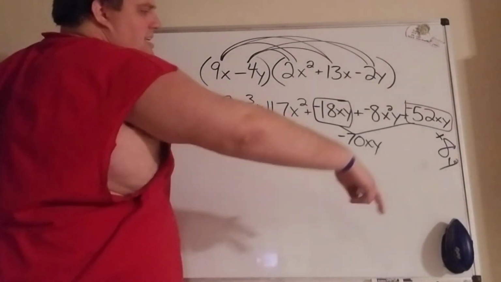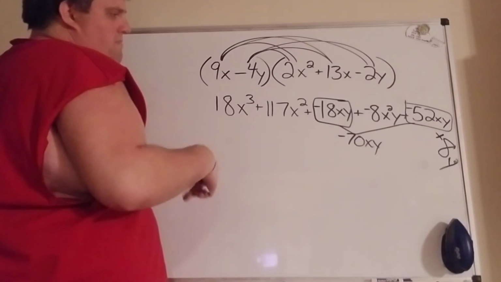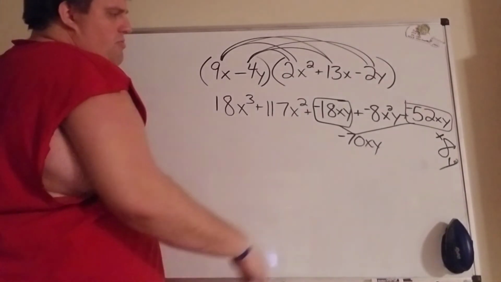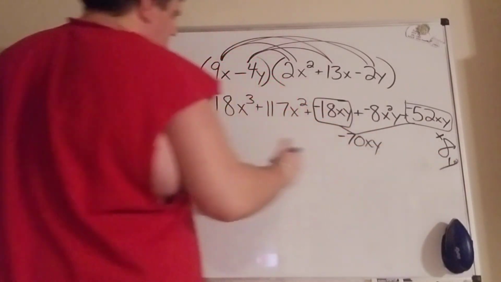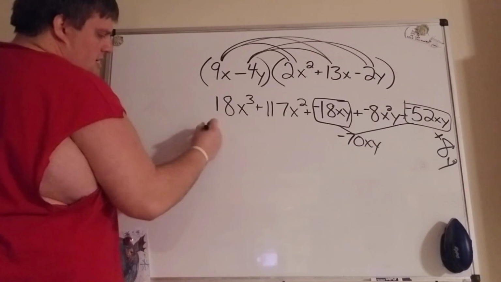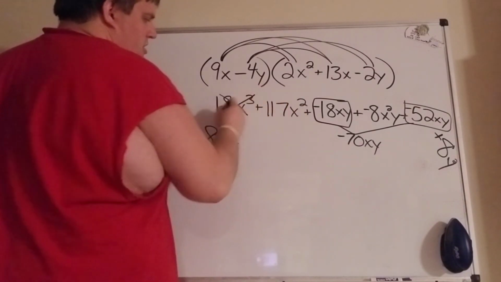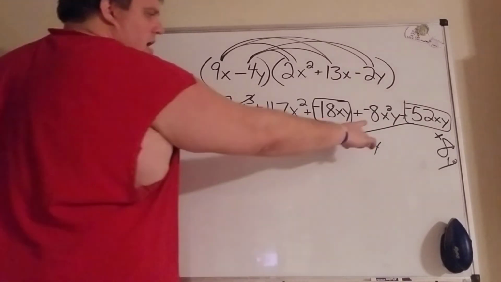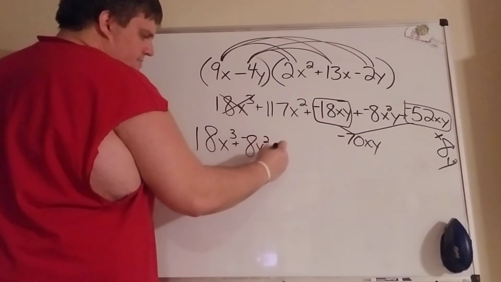And then the last thing we're going to do is make sure that we write that in standard form when we're done. So it looks like 3 is the biggest degree. Here's a degree 3. That's it. So we're going to go 18x cubed. You can put little slashes through your x's after you write them. I kind of like that. We have negative 8x squared y.